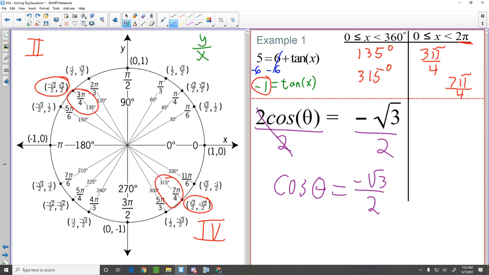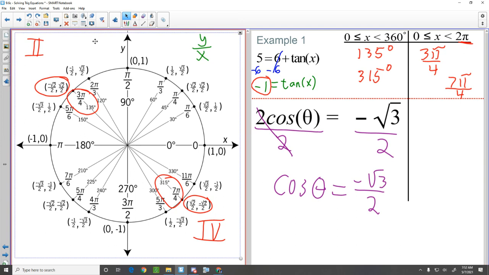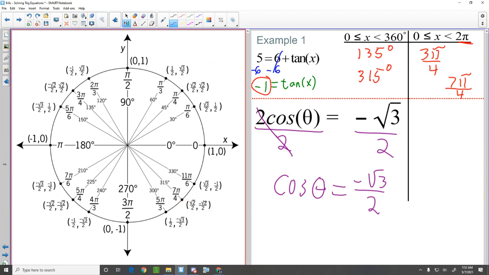And so looking at our unit circle over here, it's cosine, that's the x-coordinate, so I know I'm looking in quadrants 2 and 3, because that's where x is negative, to the left. And for a negative root 3 over 2, I see one there, see one there.